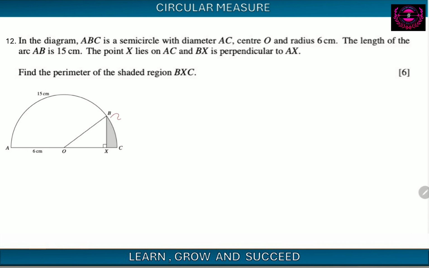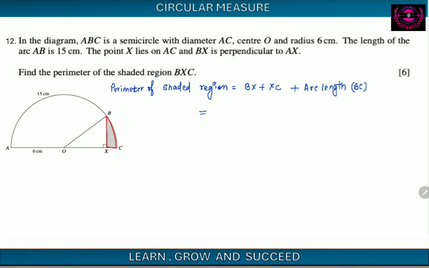You have to find perimeter of the shaded region, which is BX plus XC plus length of the arc BC. So I'll write this perimeter of shaded region equals to BX plus XC plus arc length BC.